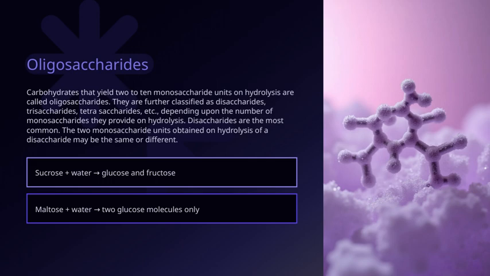The interesting part is that these units can be the same or different, depending on the specific disaccharide. Overall, understanding these smaller carbohydrate units is crucial because they're the building blocks for larger, more complex carbohydrates, which play significant roles in energy storage and structural functions within living organisms.